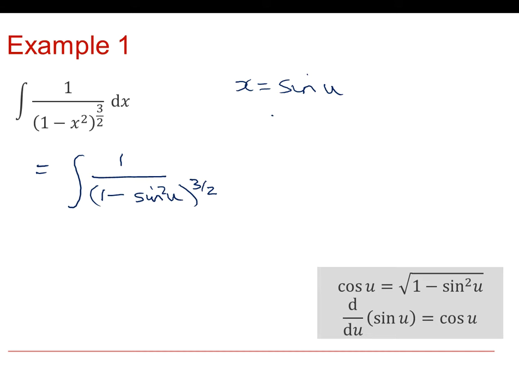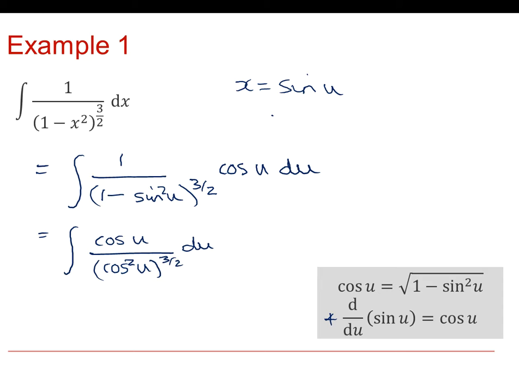Now we have to note that dx by du would be cos u, so replacing dx we get cos u du. This will give us a numerator of cos u over cos squared u to the 3 over 2 du, which cancels down to 1 over cos squared u du.